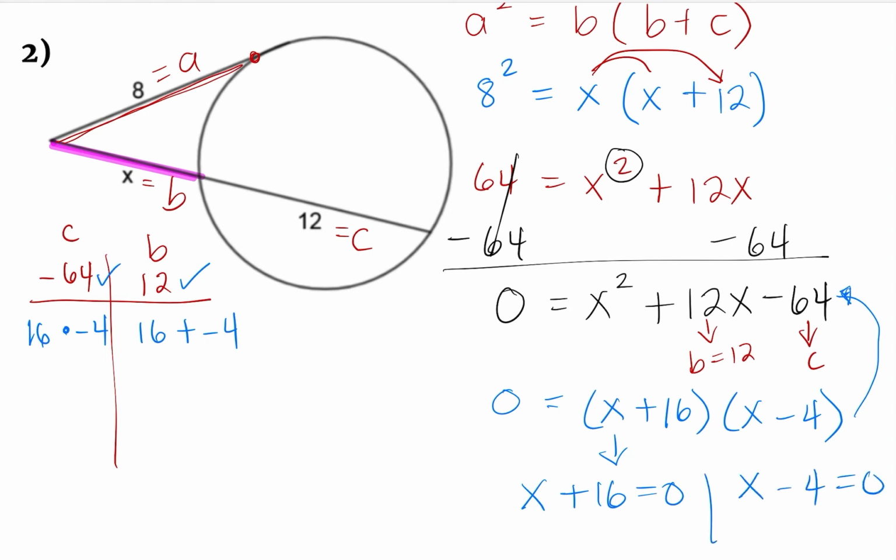Isolating x, take inverse of each, so inverse of positive 16 is negative 16, and then inverse of negative 4 is positive 4. So in this case, we are going to consider the positive numbers because we're considering distance or the measure of x, which is outside of the circle. And so measurements can never be negative numbers. So therefore, we will take positive 4 as the value of x.